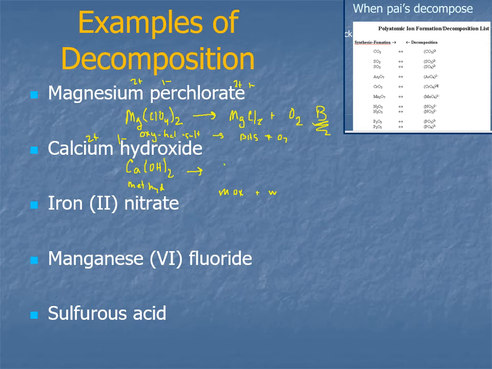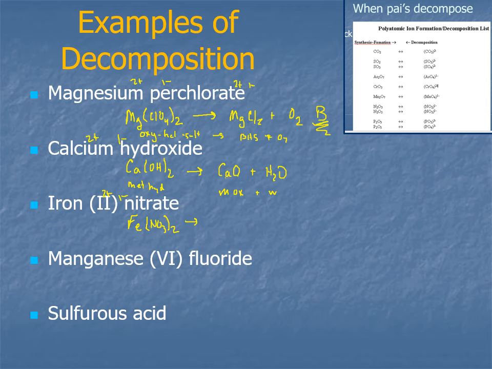So the metal oxide is going to be a calcium oxygen combination. Calcium is a 2 positive, oxygen is a 2 negative, so they cancel, and CaO is the formula. And then just water. That one actually self-balances. Iron 2 nitrate. So iron 2 is Fe(NO3)2, 2 positive, 1 negative, crisscross.